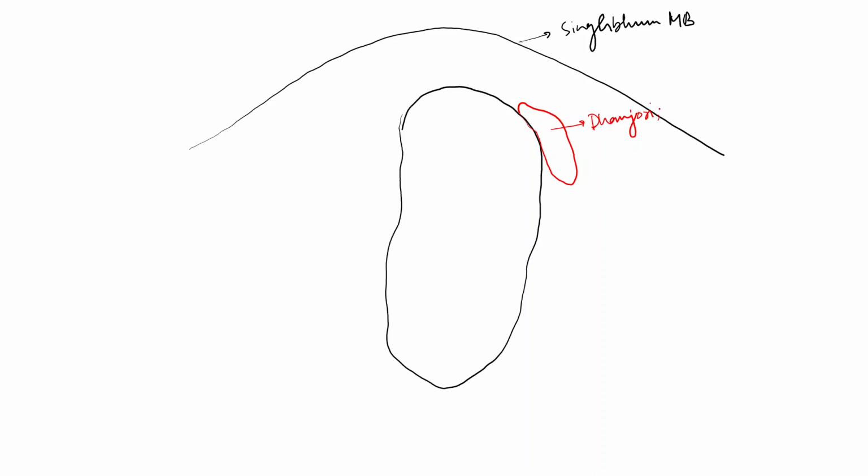Dhanjori and Simlipal. Then, south of these two flows, there is an important rock body called Mayurbhanj granite. And in the previous slide I had also shown the Nilgiri granites.